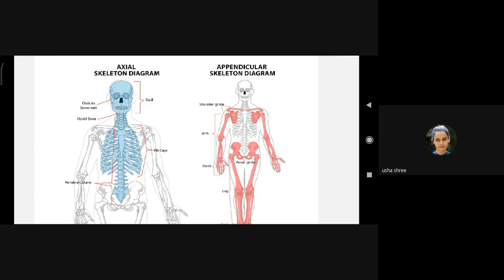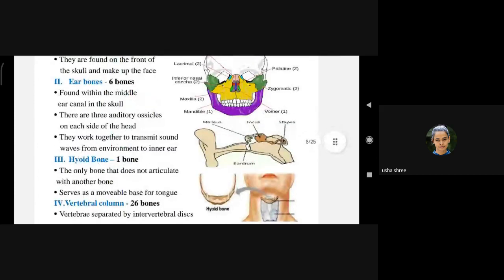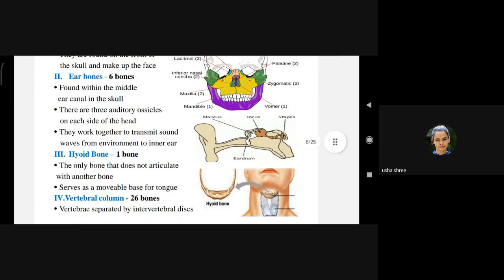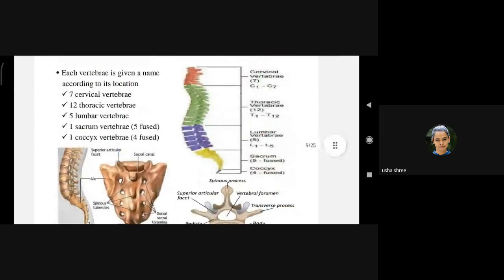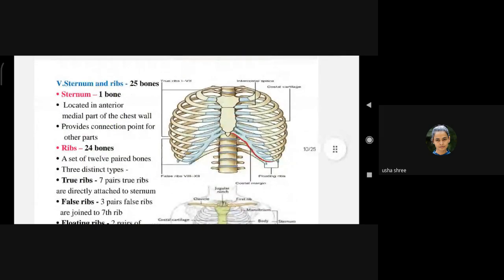So at first, cranial bones or skull bones, second is facial bones, third is the hyoid bone, fourth is the vertebral column, fifth is our ribs. And sorry, ear bones are also there. So these are the parts of our axial skeleton.